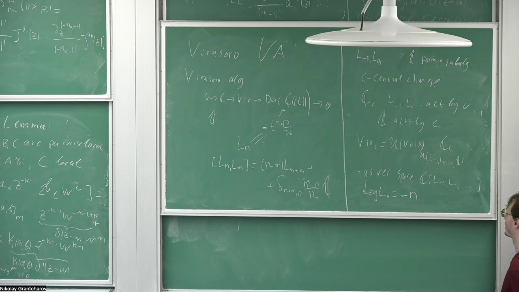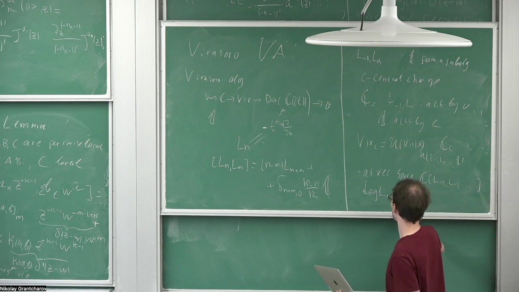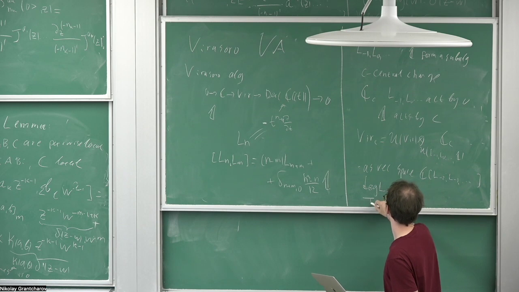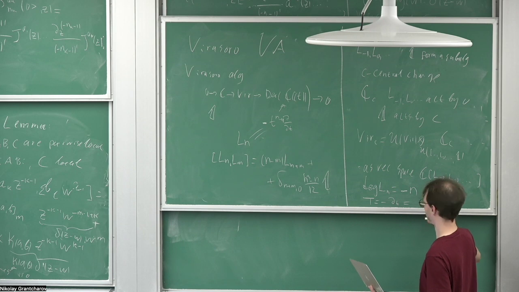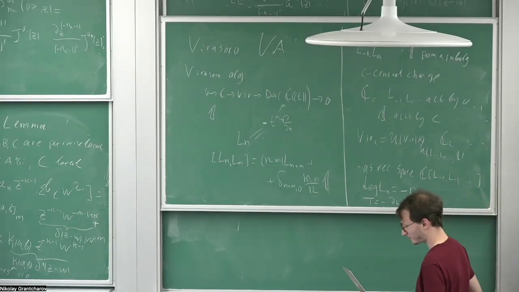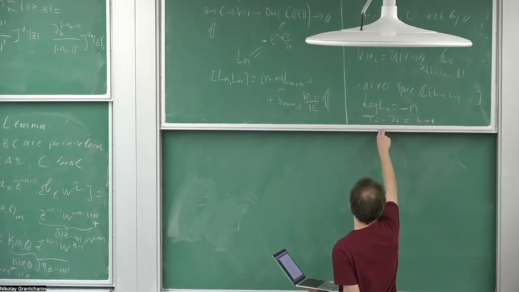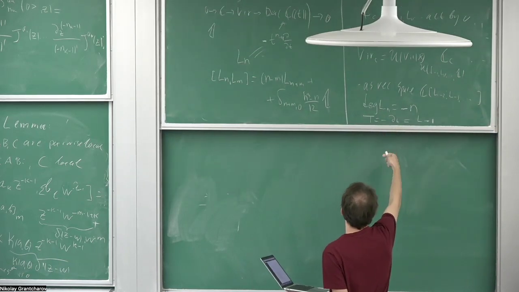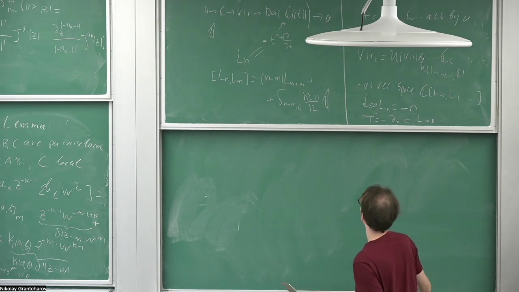So degree works slightly differently, like the degree one piece is missing here, for example. And we define T as before, minus d/dt, which here can be realized just as the action of L minus 1, and the generating field. Now this turns L minus 2 to L minus 3 and so on, the coefficients.